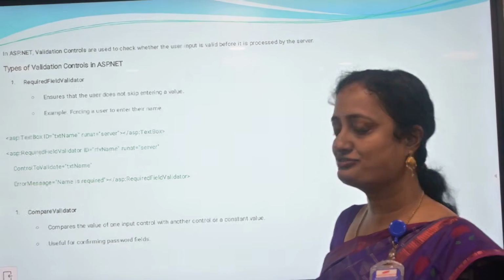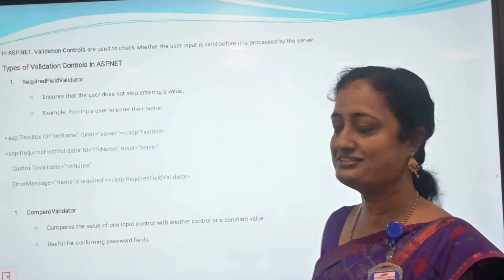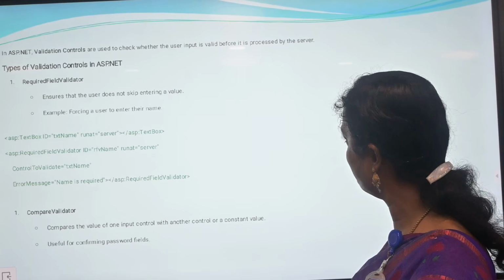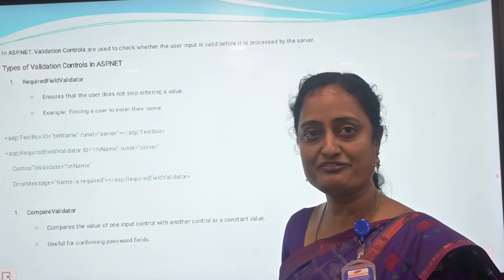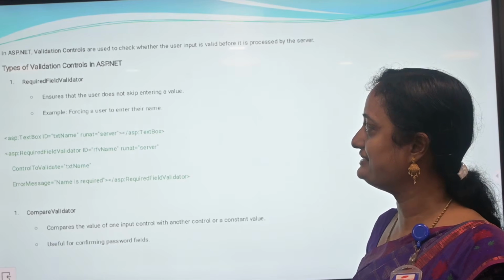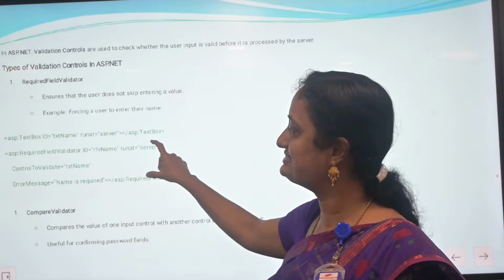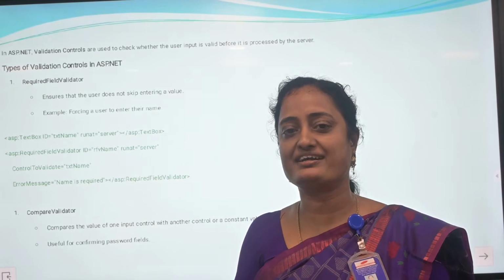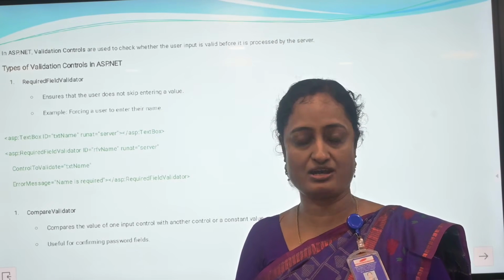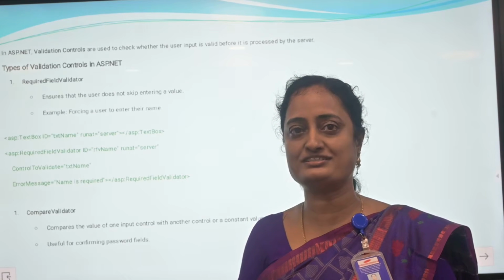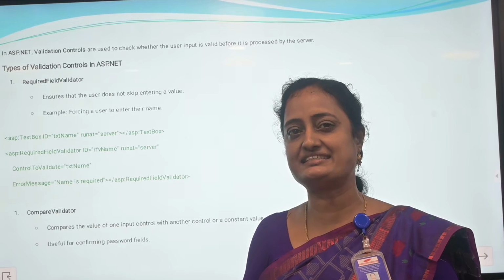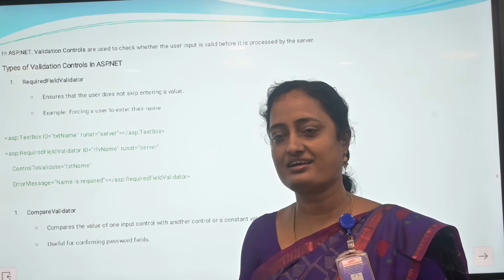Validation controls are also similar to list controls. These are the functions available in validation controls: required field validator and compare validator. Required field validator means what? That is, which field is required. Suppose you are creating a web application form, we have to keep many controls in it, for example name, register number, marks, mail ID, address.